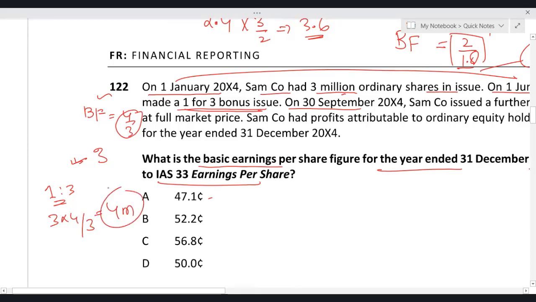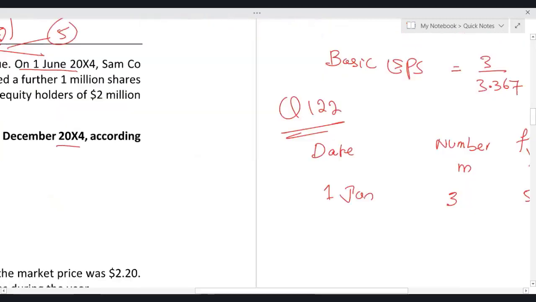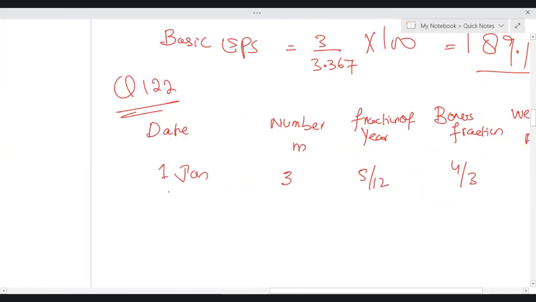If before bonus, company was having 3 million shares and then issued 1 bonus share against 3 shares, then obviously 3 shares will become 4. So on 1st June, total number of shares will be 4 million.